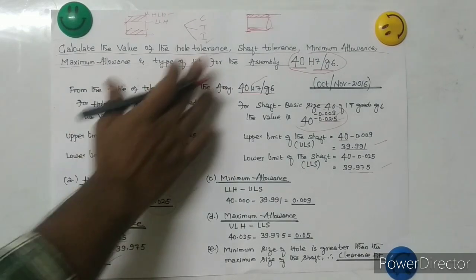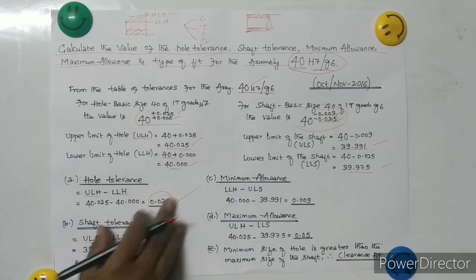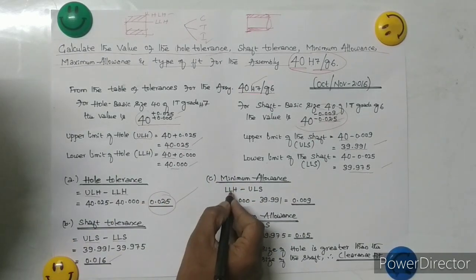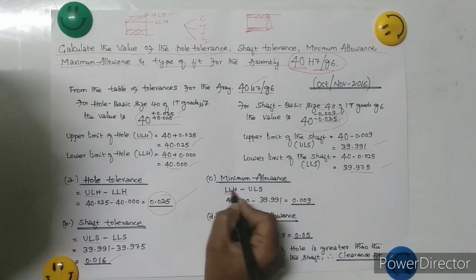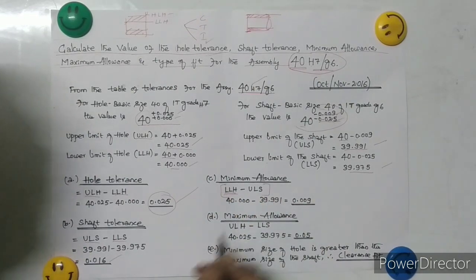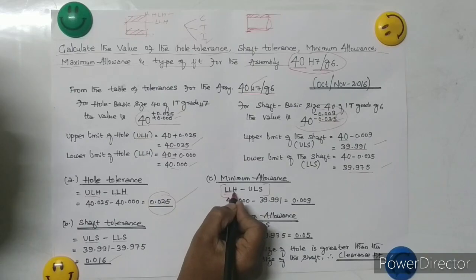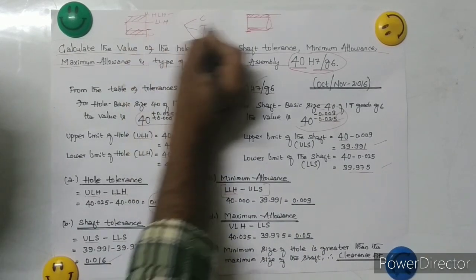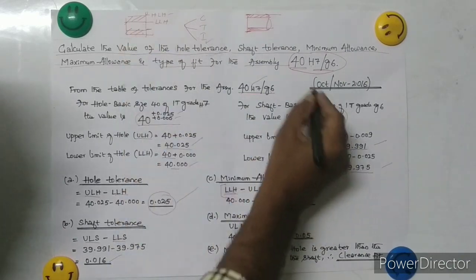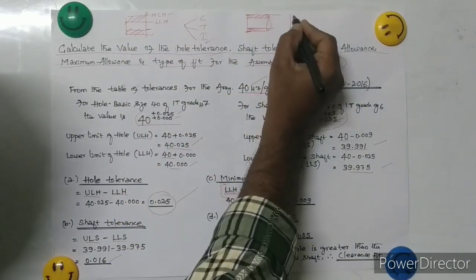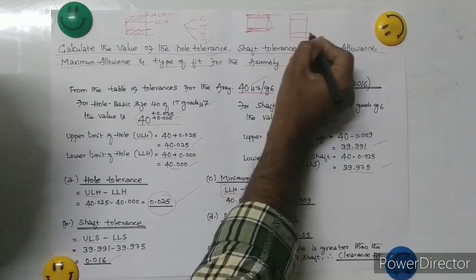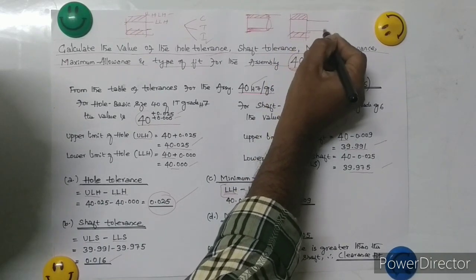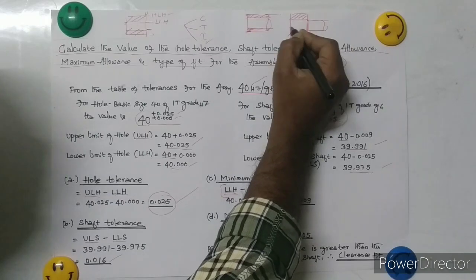Now, allowances. I told you what the minimum allowance and the maximum allowance are. The minimum allowance is nothing but the lower limit of the hole minus the upper limit of the shaft. This is like a formula, I can keep it as reference. As we know, it is a clearance fit, where the hole and the shaft are such that the shaft size is always less.